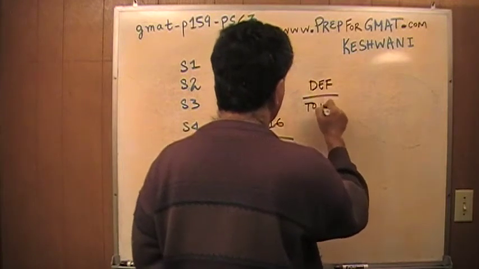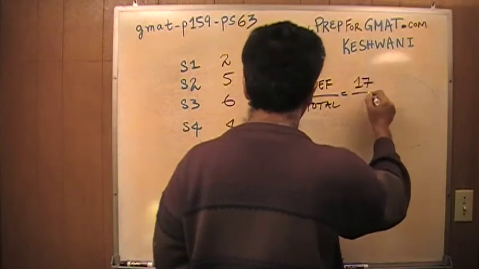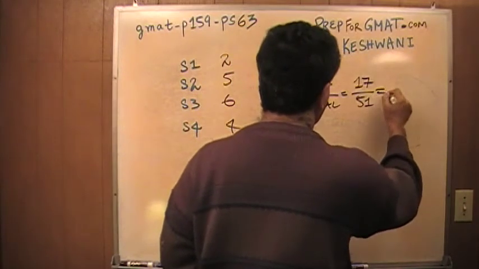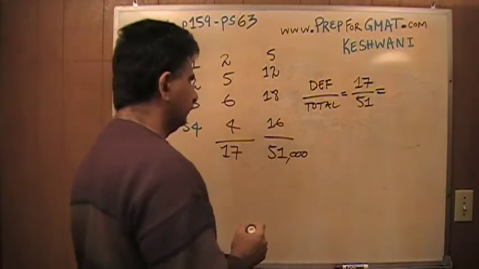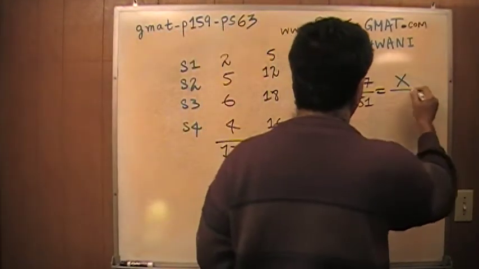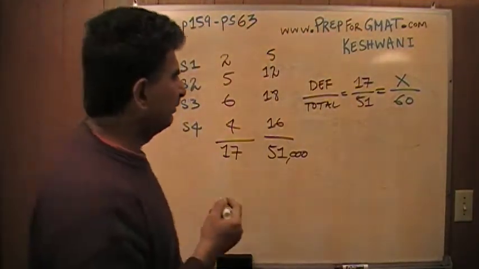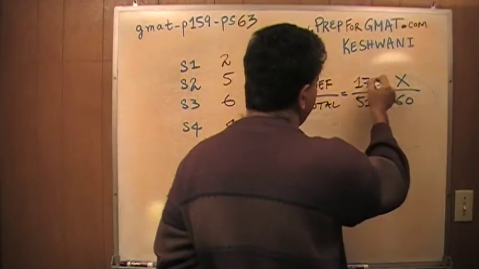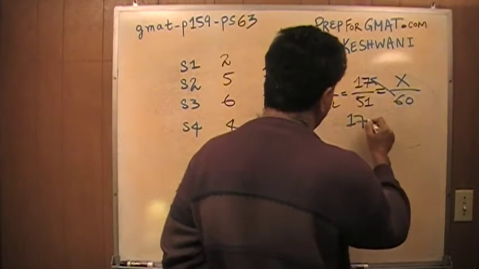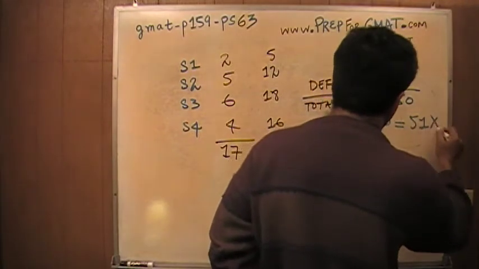Defective over total: 17 defective chips out of 51,000. The question is, how many would you expect to find out of 60,000? That's all it is. Let's cross multiply. 17 times 60 equals 51x.